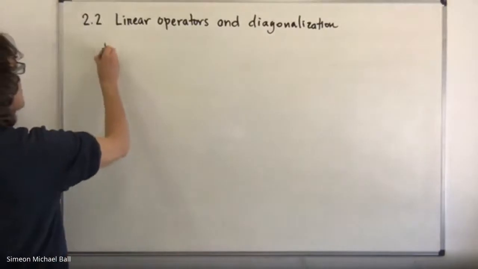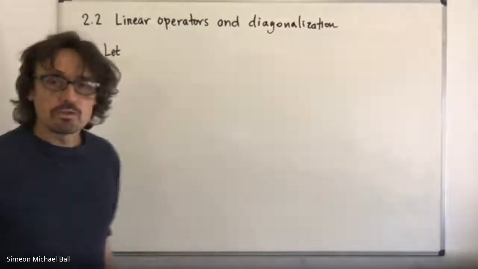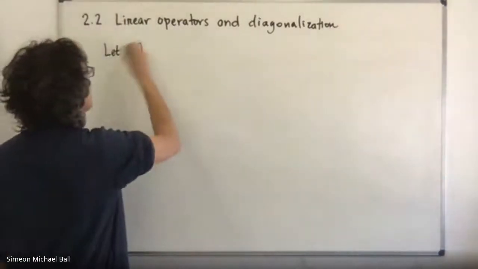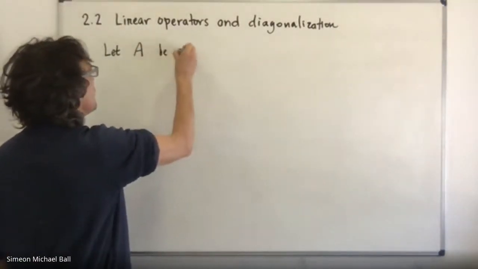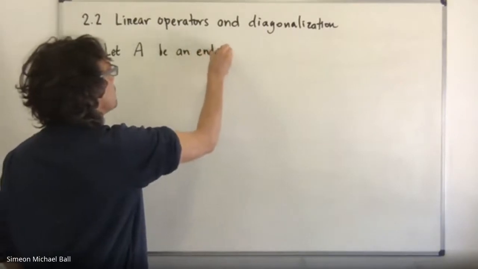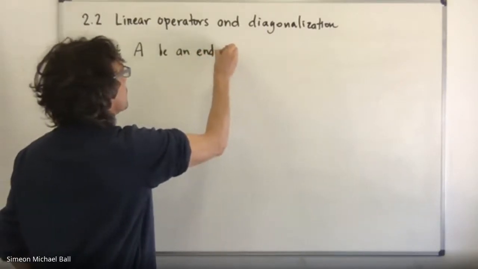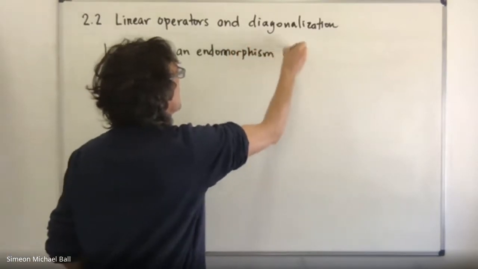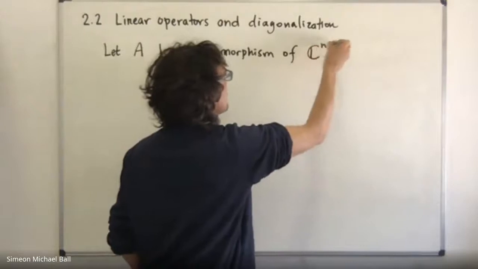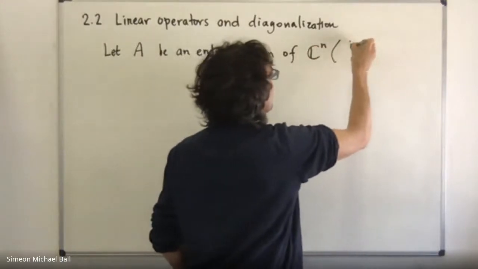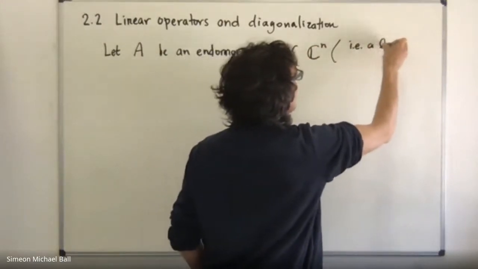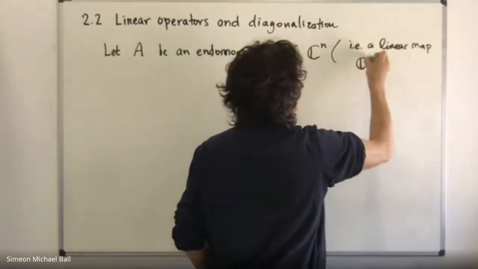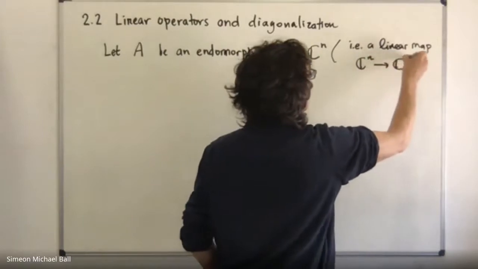I'm going to skip over the definition of what a linear map is, understanding that you already know what that is. So if I write down something like, let A be an endomorphism of our complex space, i.e. a linear map from Cn to itself.